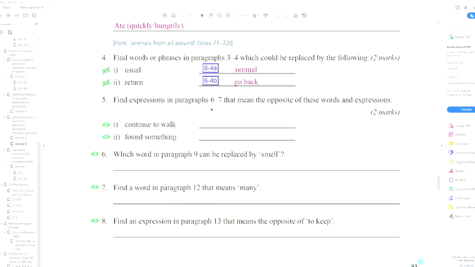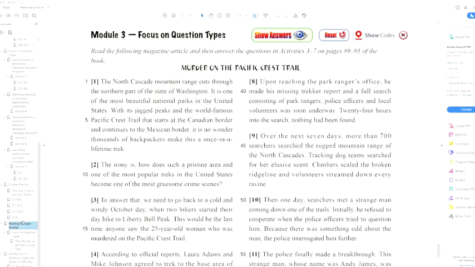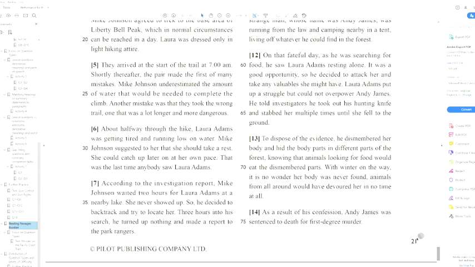Find expressions in paragraphs 6 and 7 that mean the opposite of these. Okay, expressions. So this is paragraph 6 and 7. In particular, it's in this sentence right here. Find an expression that's the opposite of continue to walk.